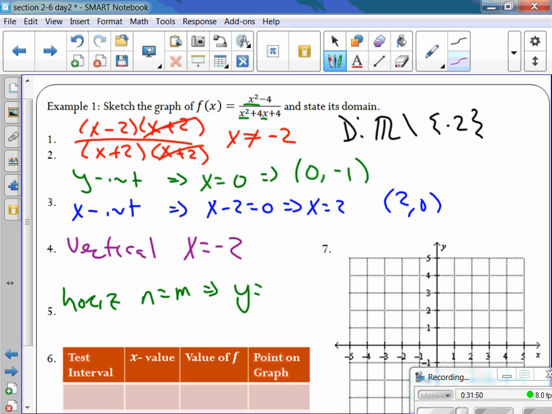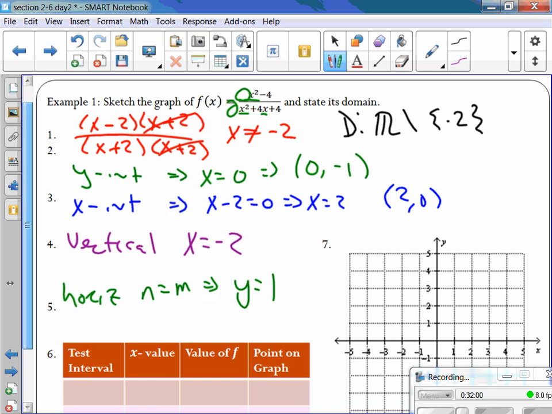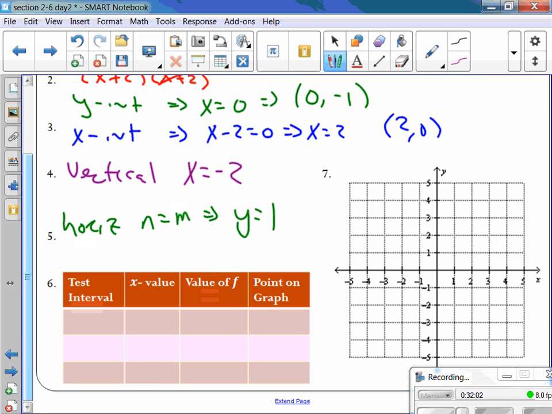So let's say we have a y-intercept at 0, negative 1. X-intercept at 2, 0. And vertical asymptote at x equals negative 2. And y equals positive 1. We're going to have to test some more points, right?